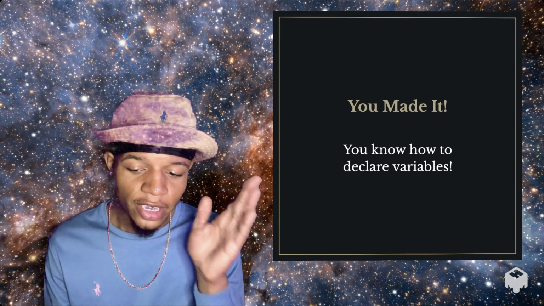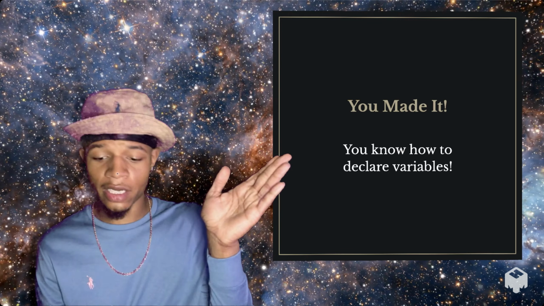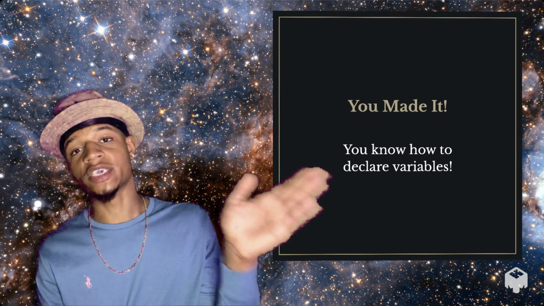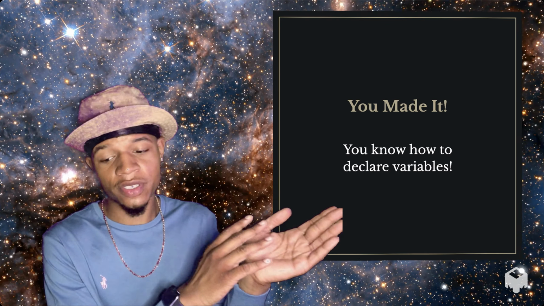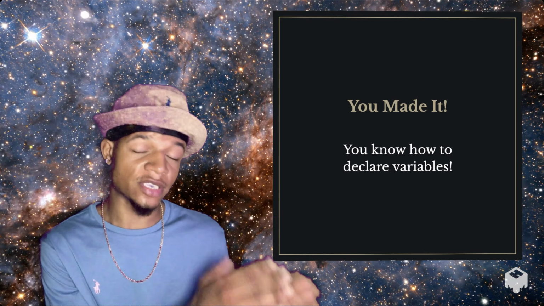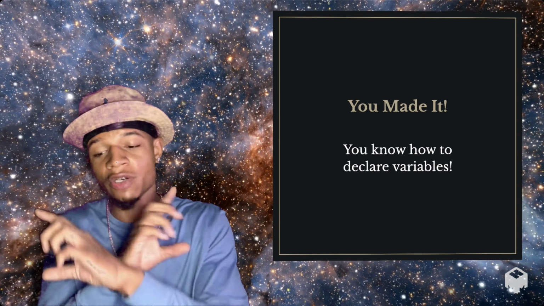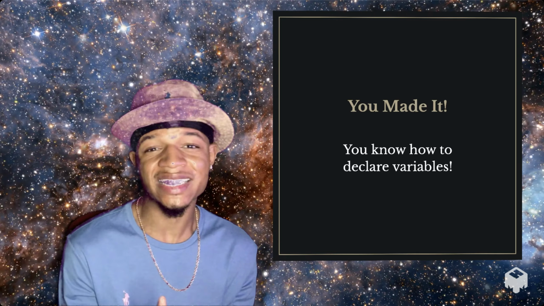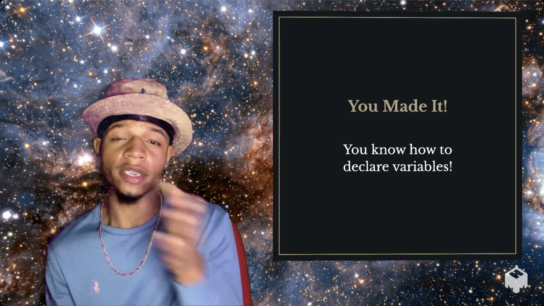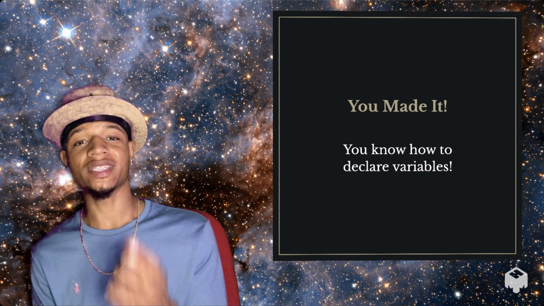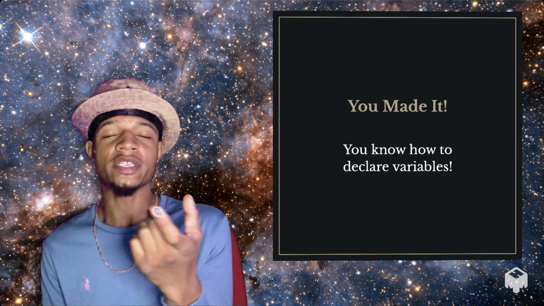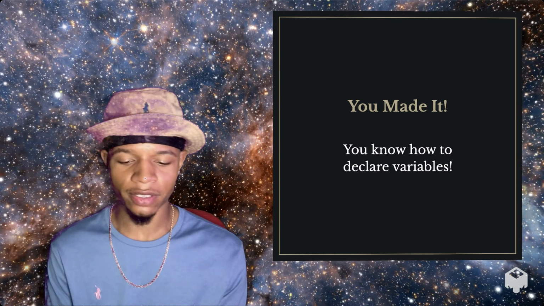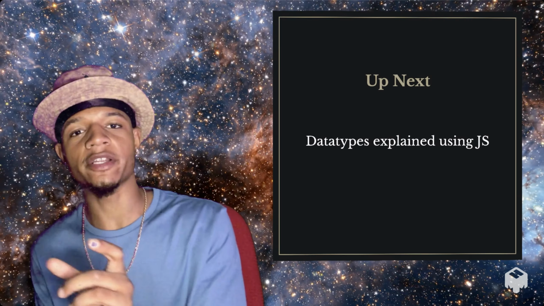So here you go. You know how to declare variables in JavaScript. More specifically, you know what's going on behind the scenes in almost any programming language when we're declaring variables. Now, with this knowledge, we need to put data into these variables, right?